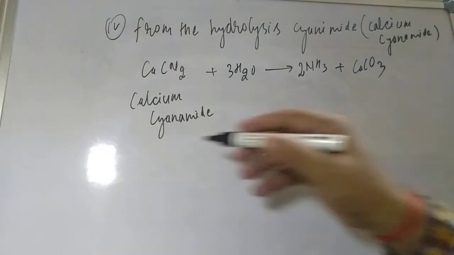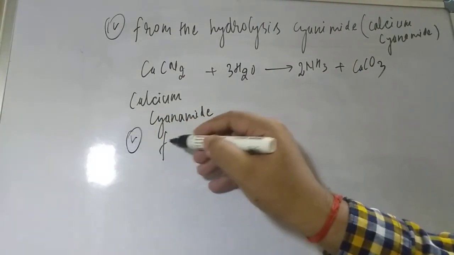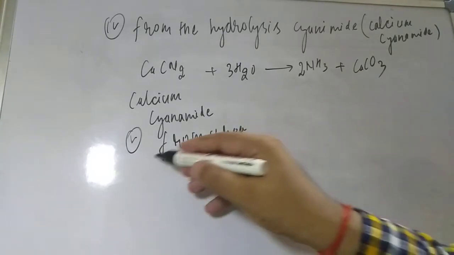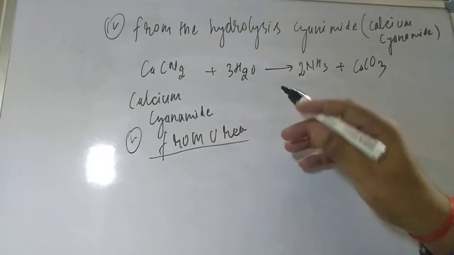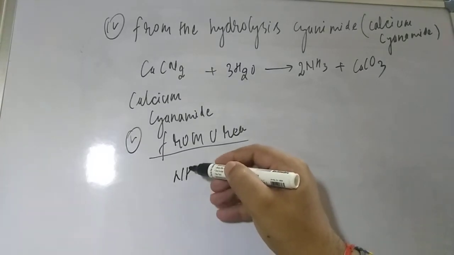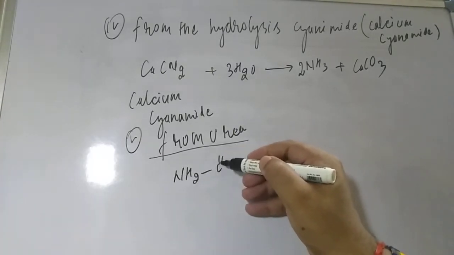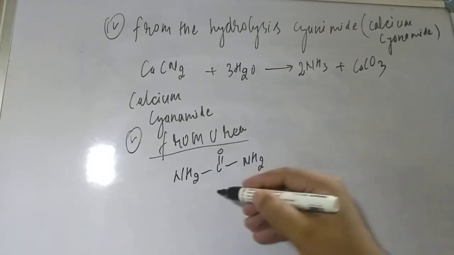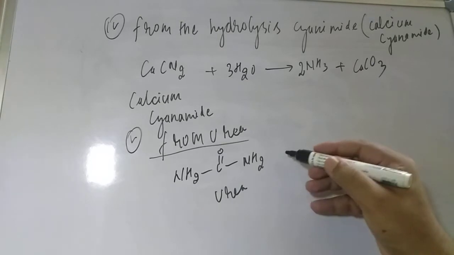Now the fifth method is from urea. We can also prepare ammonia from urea. We already know the formula of urea, NH2-C=O-NH2.